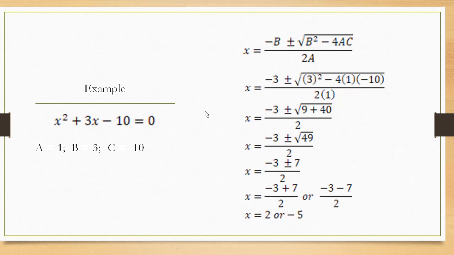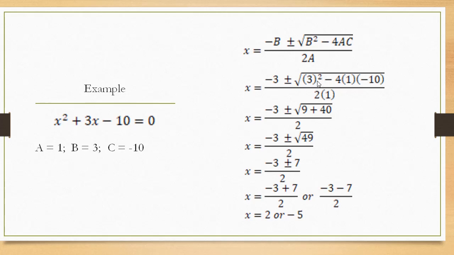B square. So 3 square minus 4 times A is equal to 1 times C is equal to negative 10 all over 2 times A is equal to negative 1.